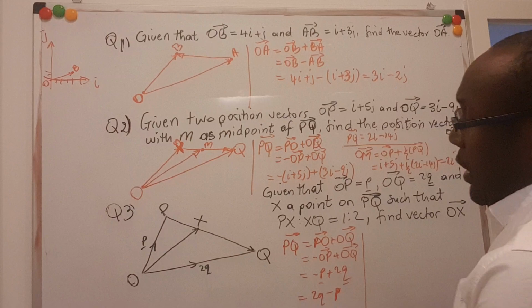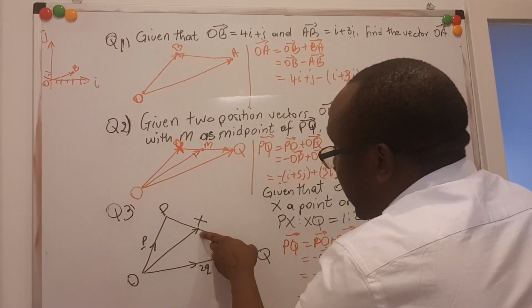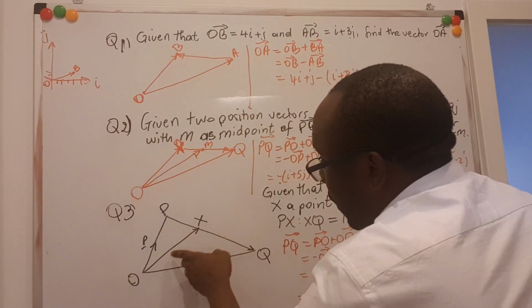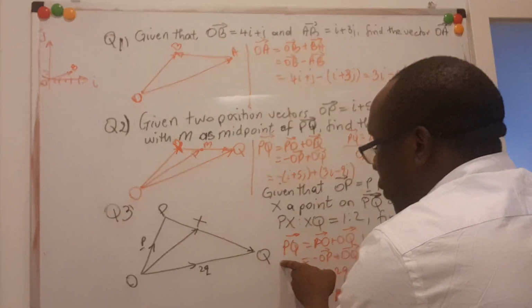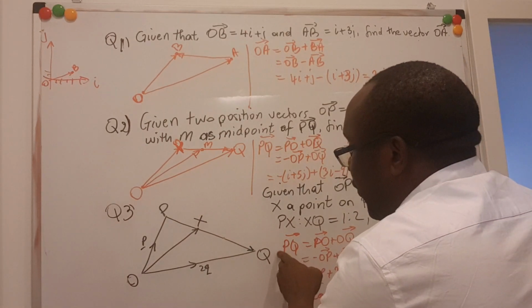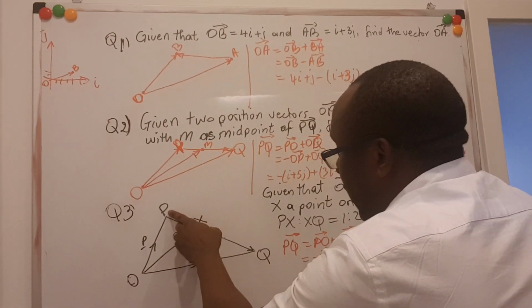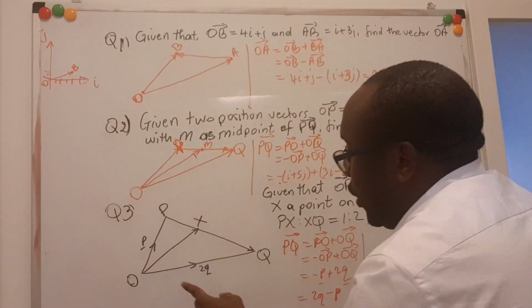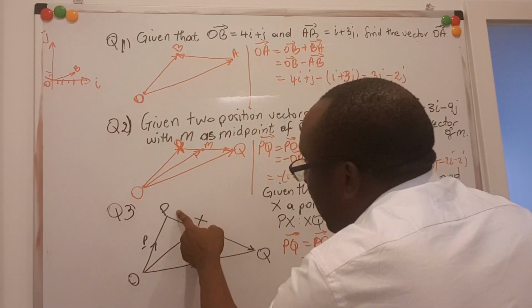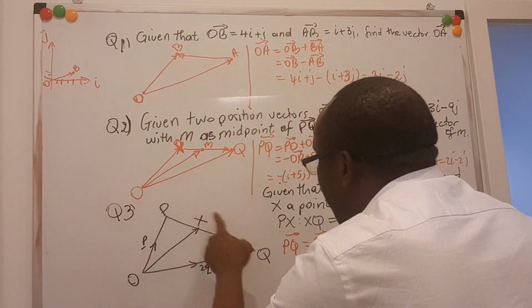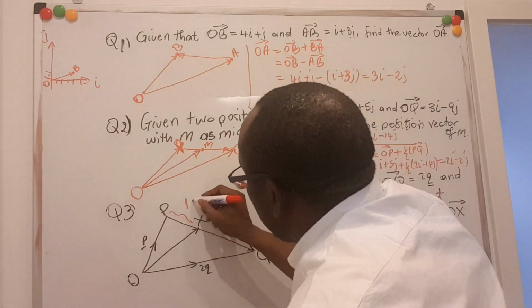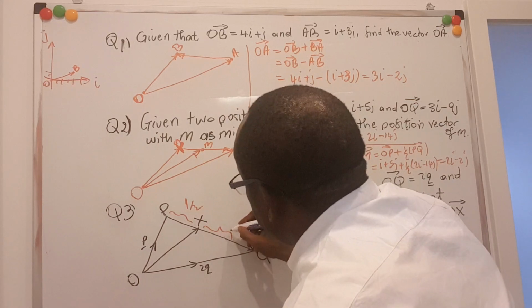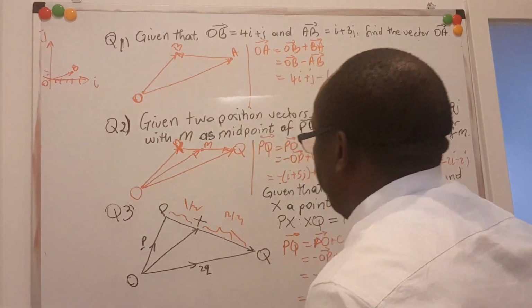Now, to move from O to X, we don't know the road. We can either go OQ and 2/3 of QP, but that is the opposite direction. I would prefer to take something easier. So OX would be OP plus 1/3 of PQ. This part here is 1/3, and this part here is 2/3.